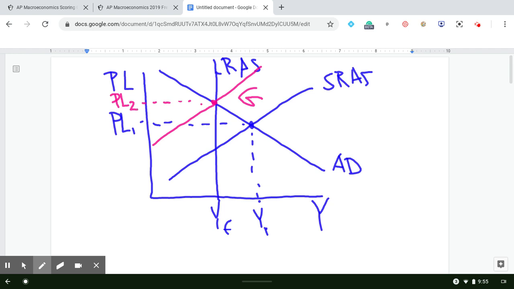If we're above full employment, there's not a lot of people to hire out there. So to compete that way, you have to raise your wages. Likewise, there's some inflation, so people will want their higher wage. And so as that happens, nominal wages rise. And as nominal wages rise, short run aggregate supply shifts to the left.